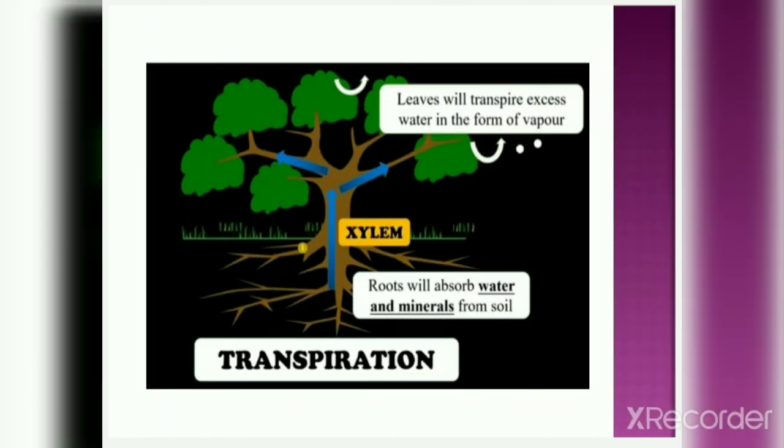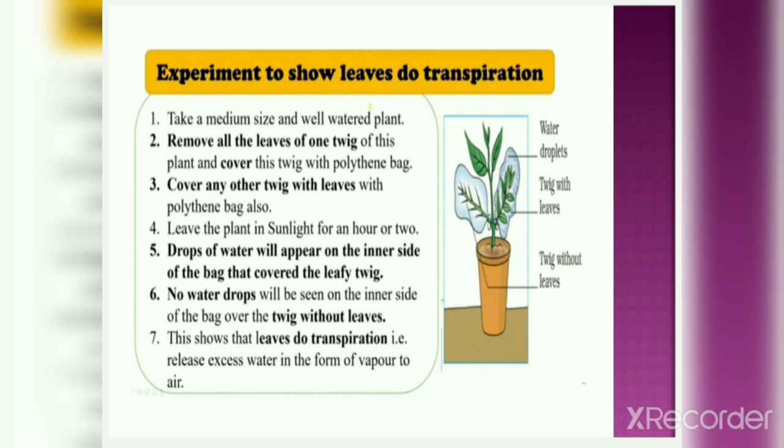The next important function is transpiration. Leaves give out excess water in the form of vapor through the process of transpiration. Let's study it in detail. We know that roots absorb water and minerals from the soil.